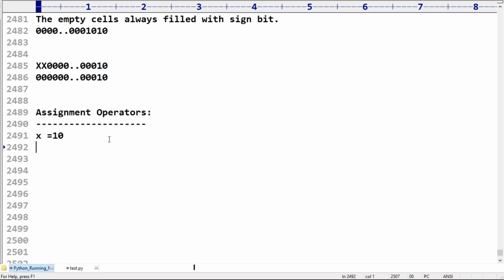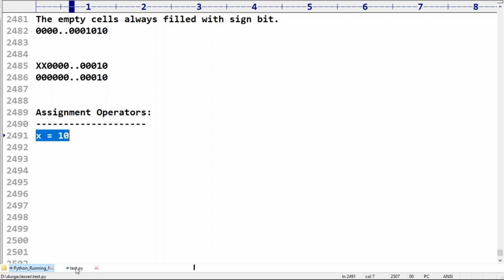What am I doing, can you please confirm? x is equal to 10. What am I trying to do? Yes, here I'm trying to assign a value. This is a simple assignment operator, right? So assigning value 10 to the variable x.